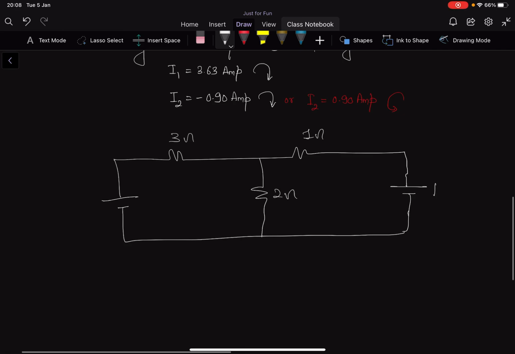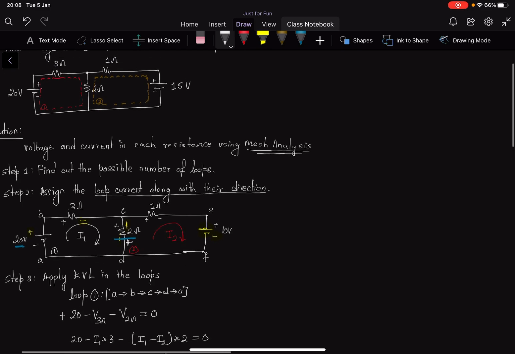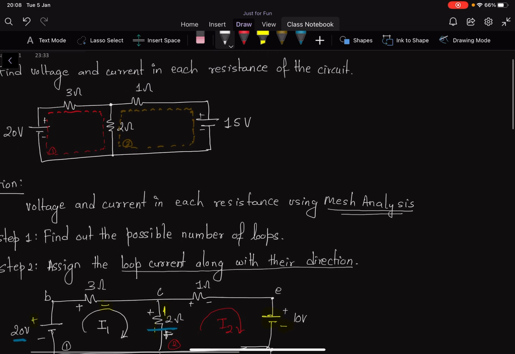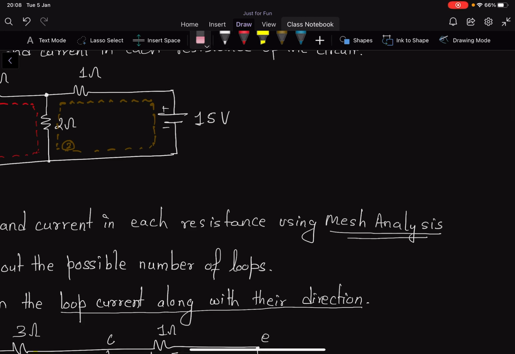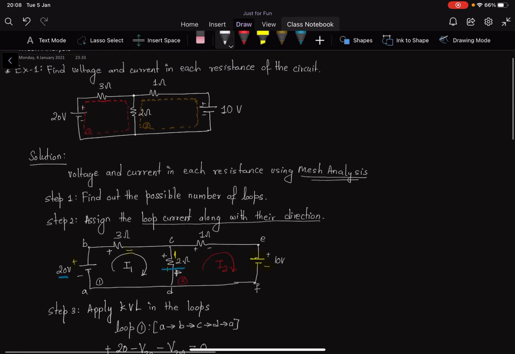The value of this voltage is 10. Okay, so this is what I have done differently here. It should be 10. Let's change this to 10. Okay, and then should be fine. 10 and 20, 1 and 2.